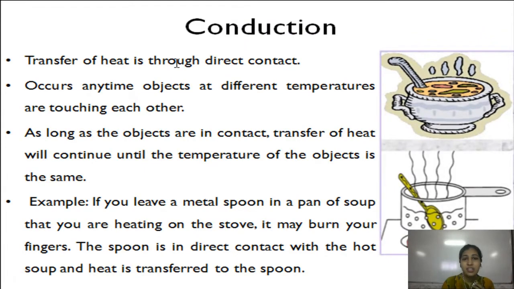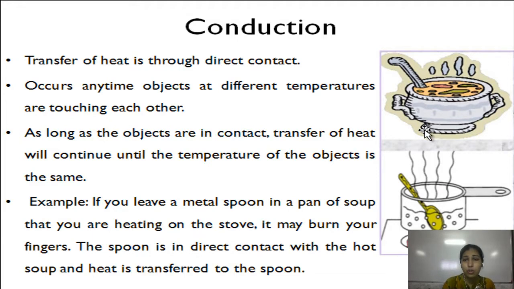So in conduction, transfer of heat is due to the direct contact between the objects. It occurs anytime between the objects when they are at different temperatures and when both are in contact with each other.